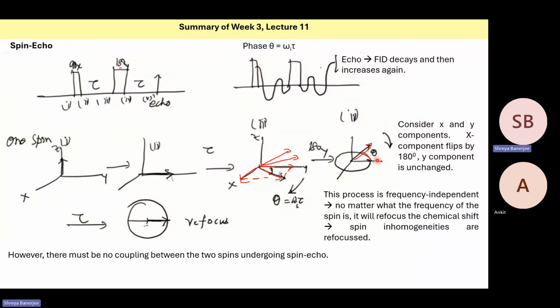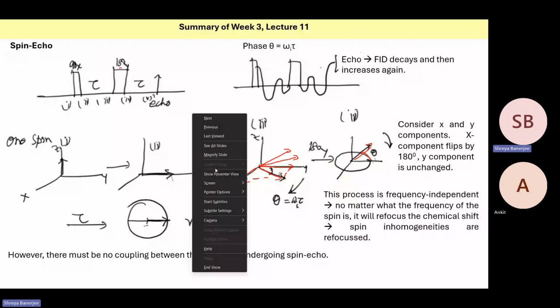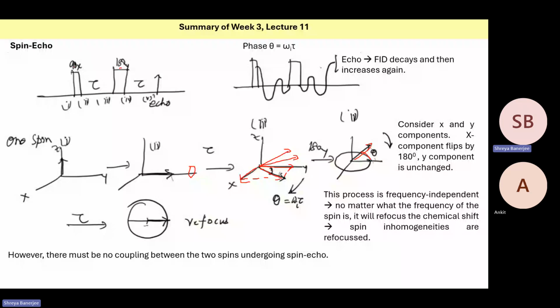Why refocusing? Because suppose you have the detector here. When you are applying your first 90x pulse, your signal to the detector is maximum, which is this point. Then slowly it is dying down as it is precessing.